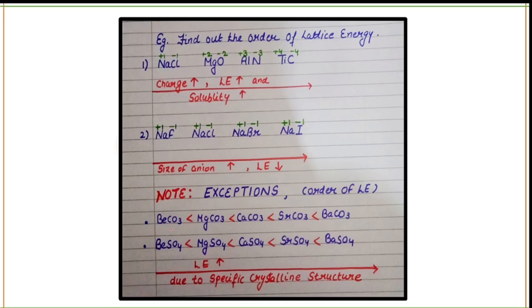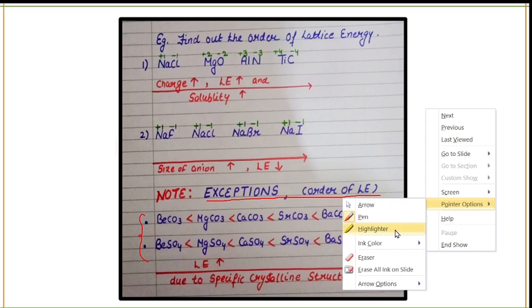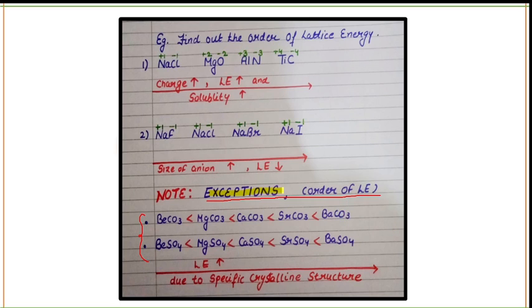As you can see, from BeCO3 to BaCO3 along the group, lattice energy is increasing. But along the group, if size increases, lattice energy should decrease. Yet it is increasing in both the carbonate and sulfate cases. This is due to the specific crystalline structure. You have to learn these two orders because they are the exception to the order of lattice energy. I have highlighted this order, so please learn it accordingly.